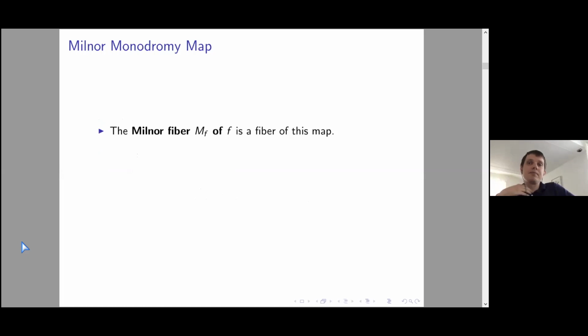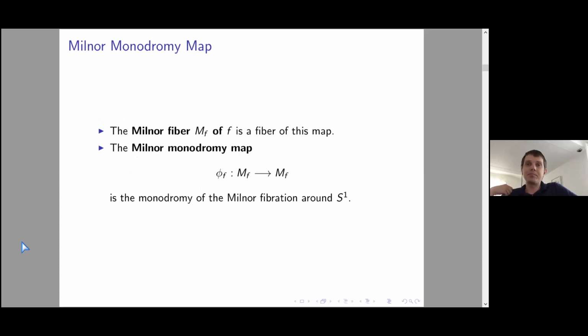Okay. So the Milnor fiber of this fibration is a fiber of this map. Sometimes I might just take the closure of this fiber, so it may or may not have boundary. And then I have the Milnor monodromy map. As I said, this is the monodromy.